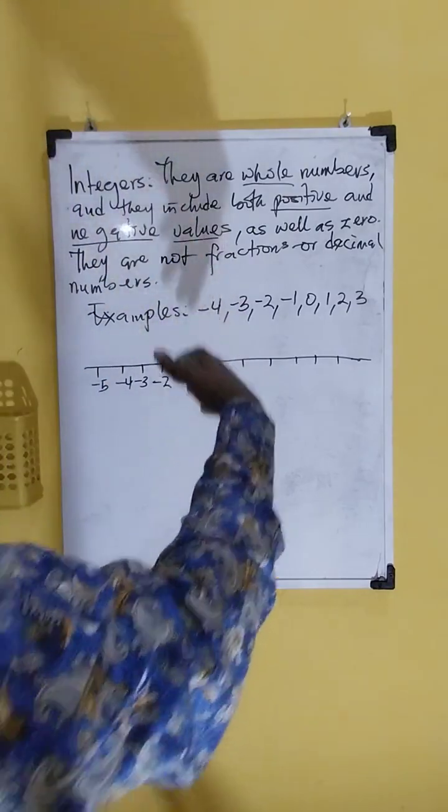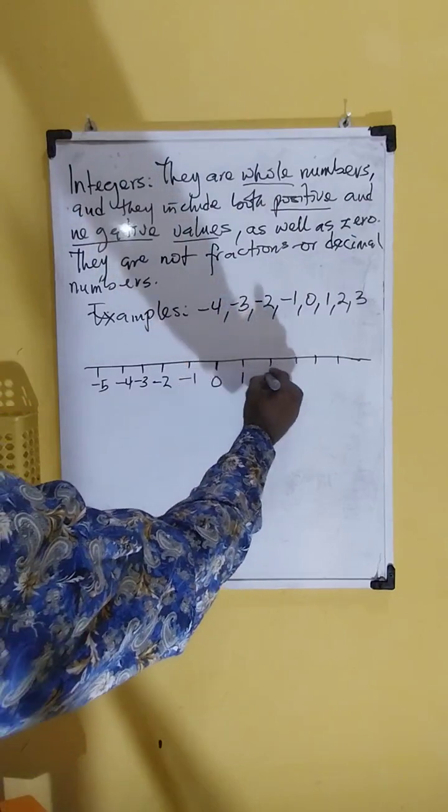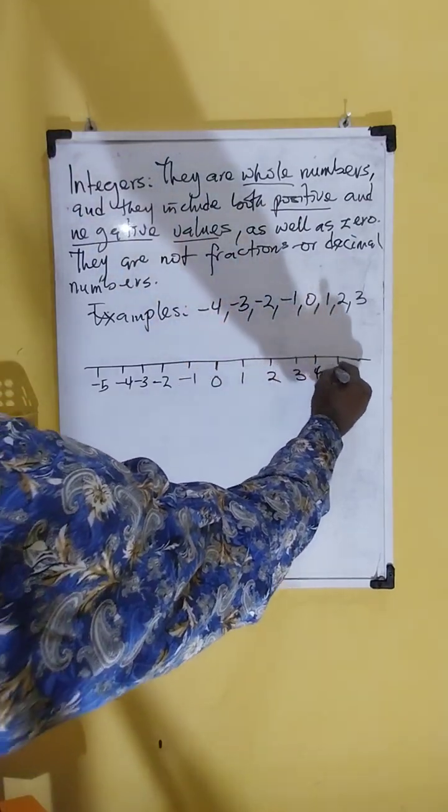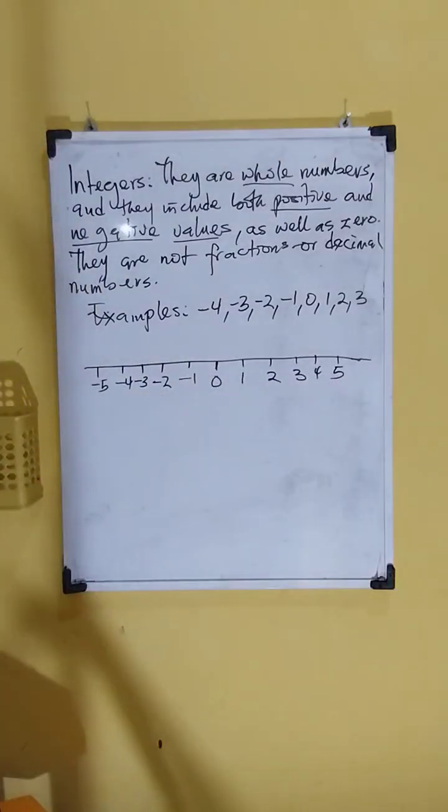And then at the right, immediately after 0 is 1, 2, 3, 4, 5, till infinity, actually. So it keeps going like that. That is how to know and understand integers.